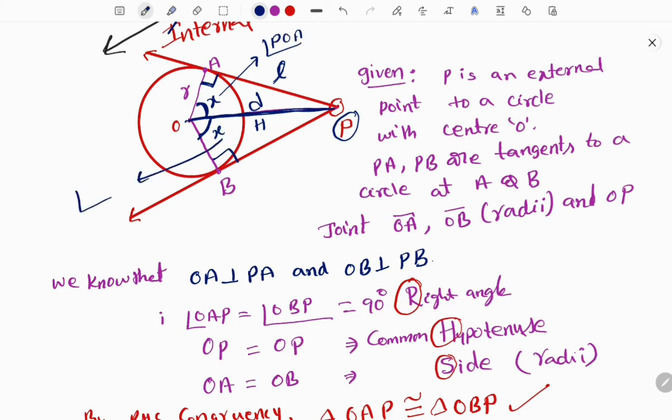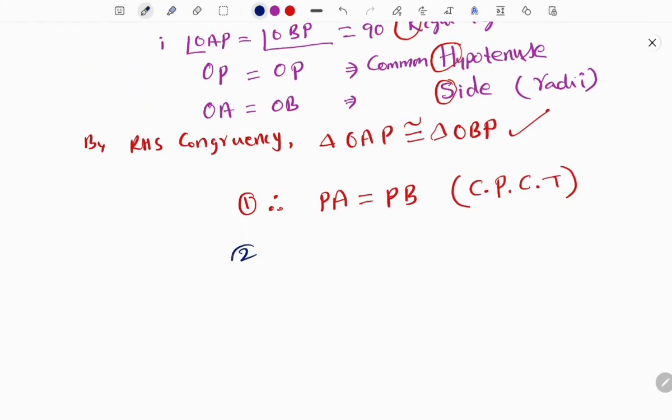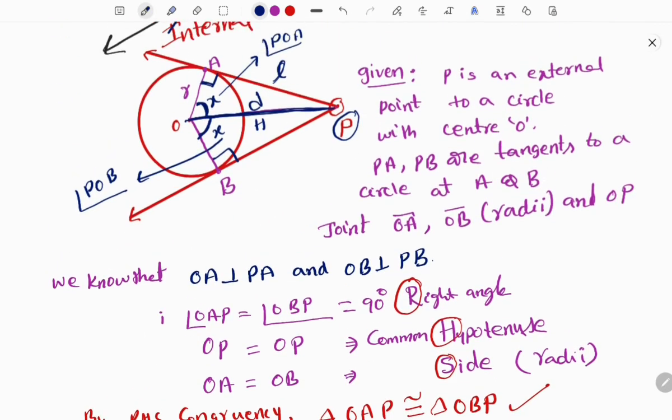This is angle POA. And this angle is angle POB. These both angles are equal. So that is the second conclusion: angle POA is equal to angle POB.